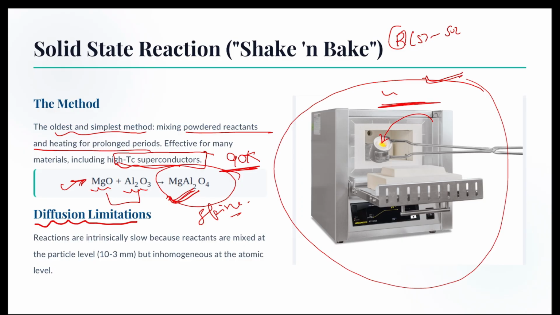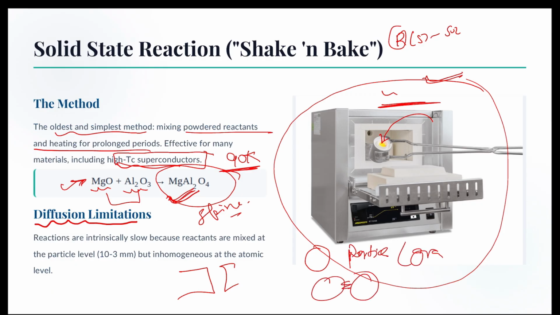The limitation is that once the reaction has initiated, after some time it becomes slow. The reason is that the reaction is happening not at the atomic scale, but at the particle or grain scale, and our product crystals form at the interface of our reactants.